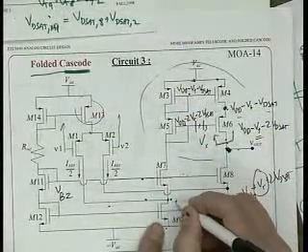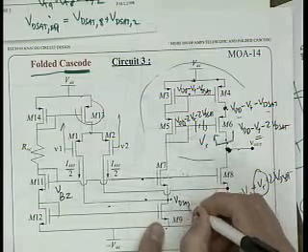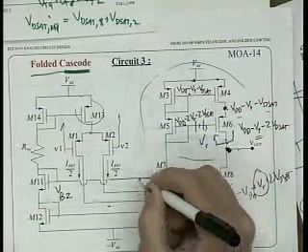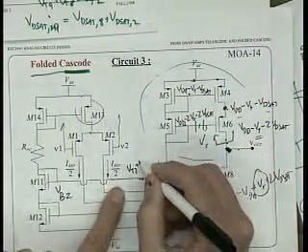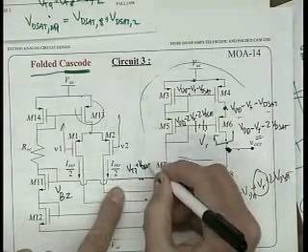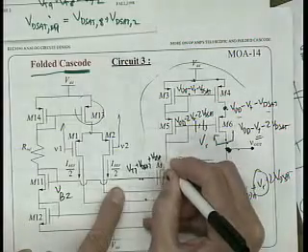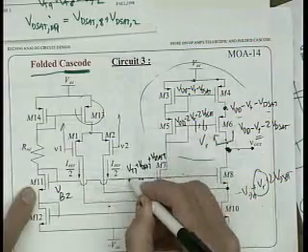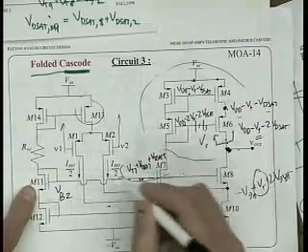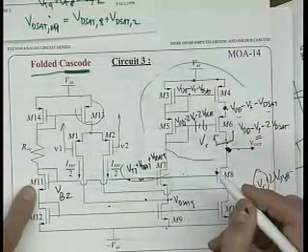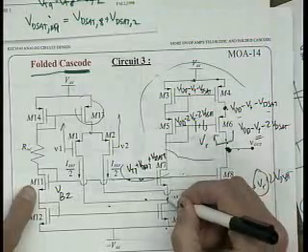We should set this voltage at VDSAT of 9, right? And this voltage then should be at VT of 7 plus VDSAT of 7 plus VDSAT of 9. So we should make V bias 2 equal to this. And if we do that, then this voltage will be right at VDSAT of 9.